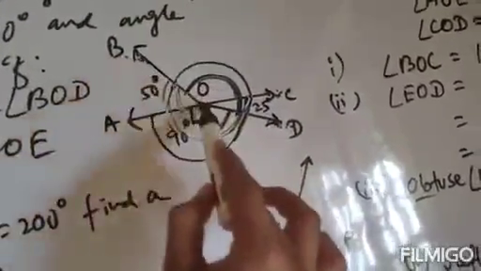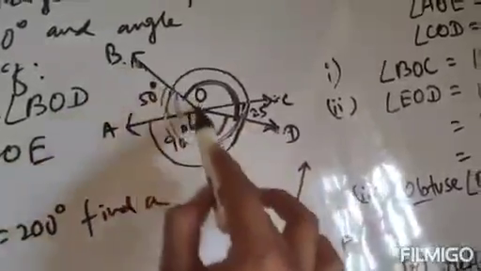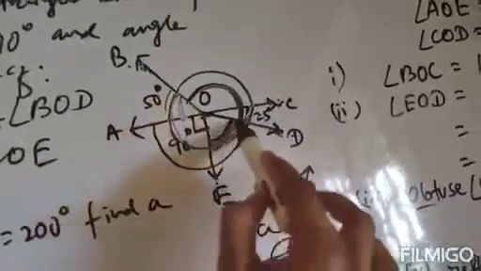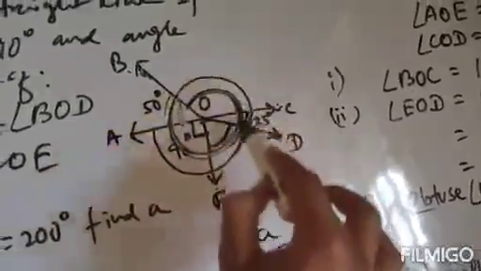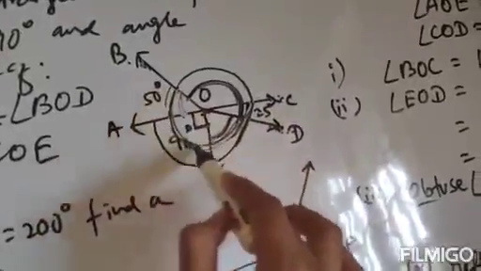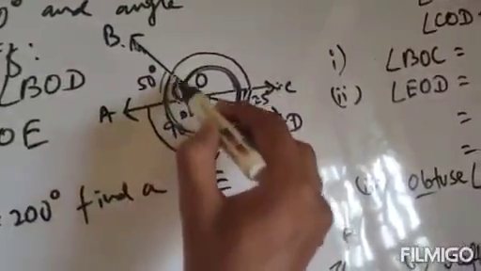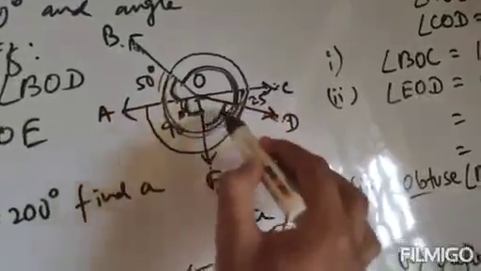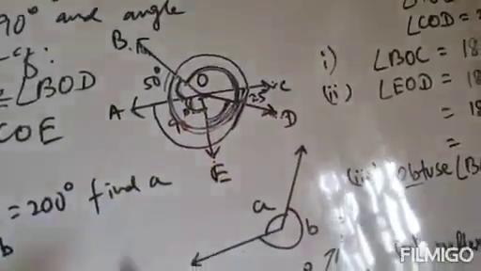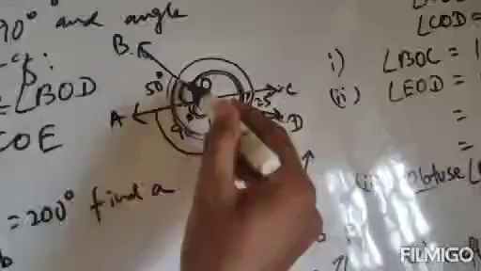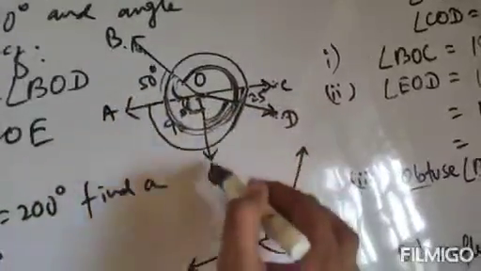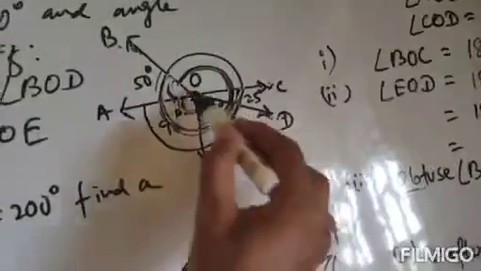That means BOD, this reflex part, this is the reflex part, and that was the obtuse part. So you have to find out this reflex part. Now this reflex part is the sum of this part, and this part. That means angle BOA, angle AOE, and angle DOE.